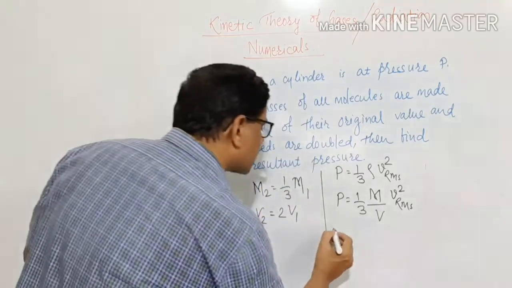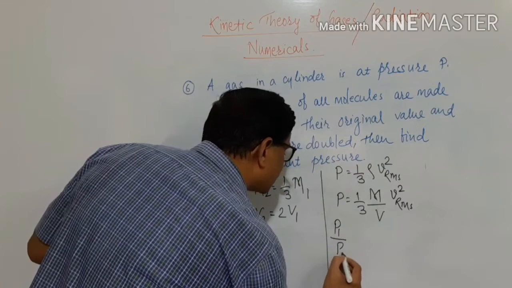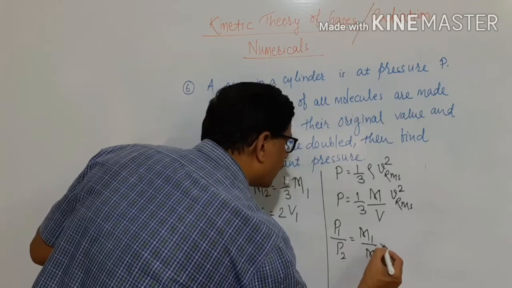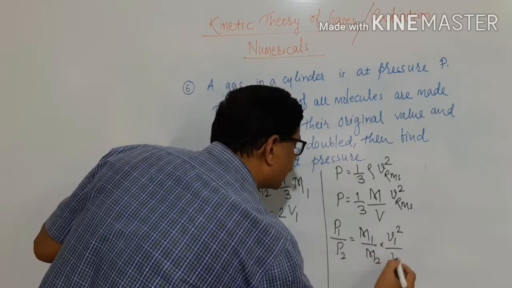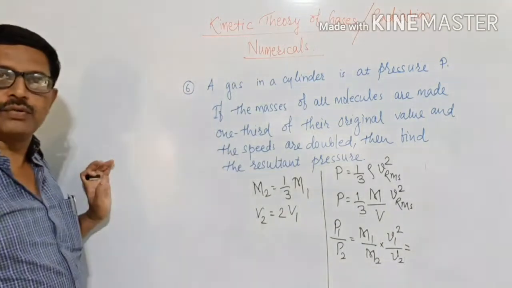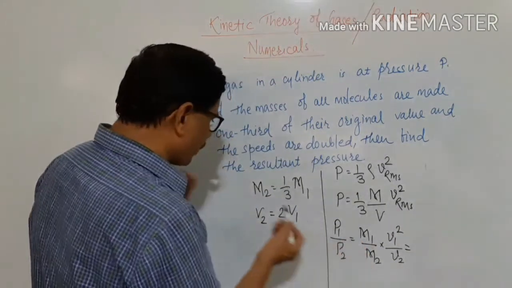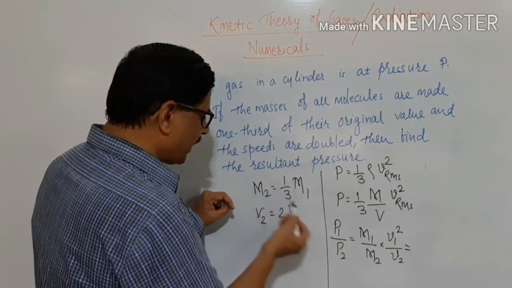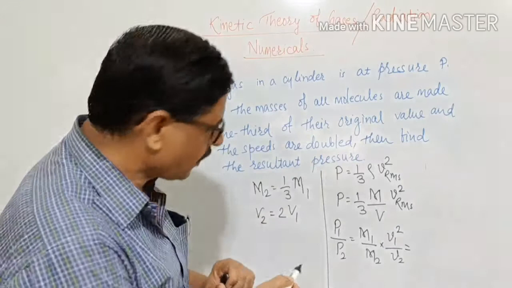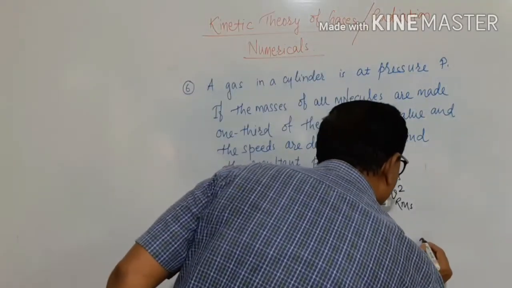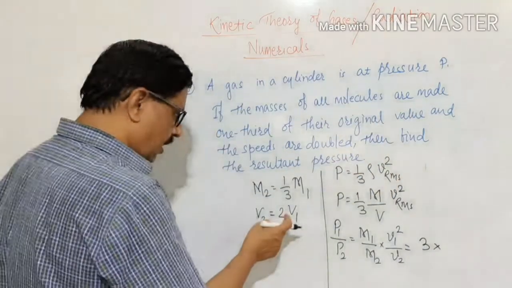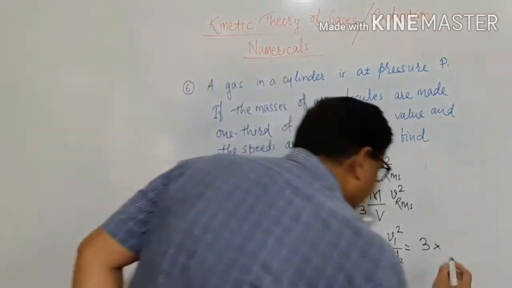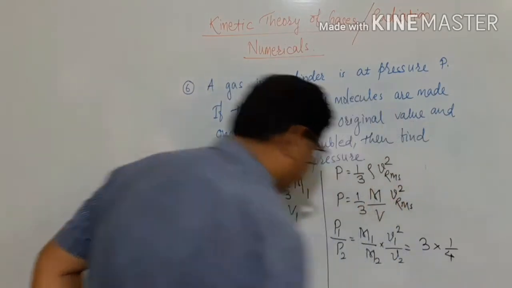Now, with this, I will write P1 upon P2 is equal to m1 upon m2 into v1 square upon v2 square. What should it be equal to? m1 upon m2 is equal to 3, into v1 upon v2 which is 1 by 2, and square of it is 1 by 4.